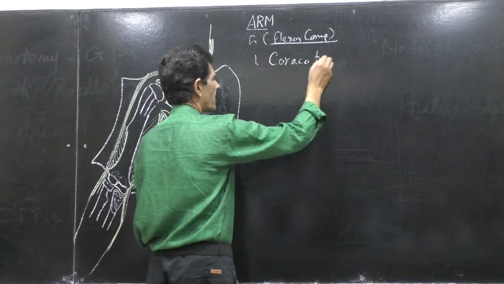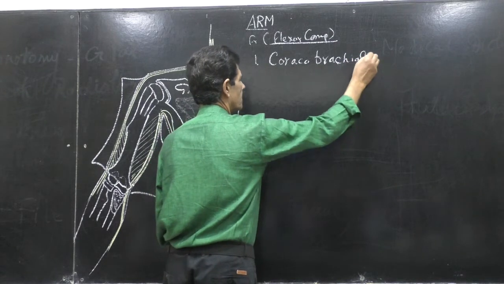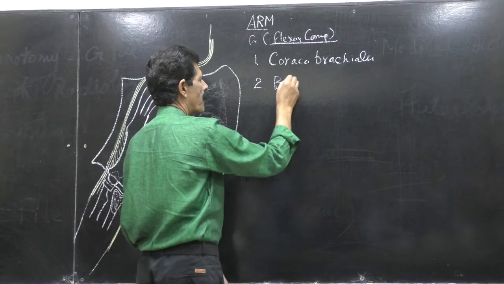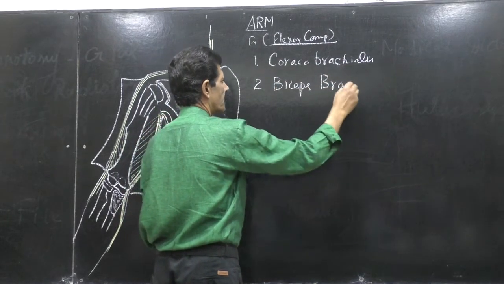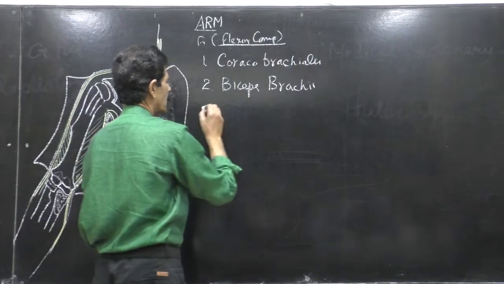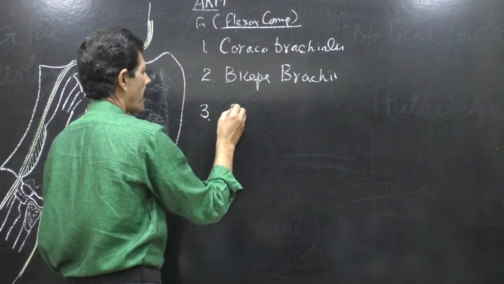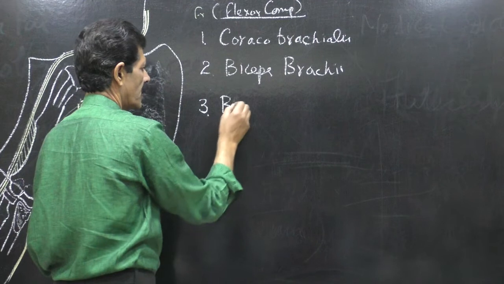The name of the muscle is coracobrachialis. The second muscle is the biceps brachii. The third muscle is the brachialis.